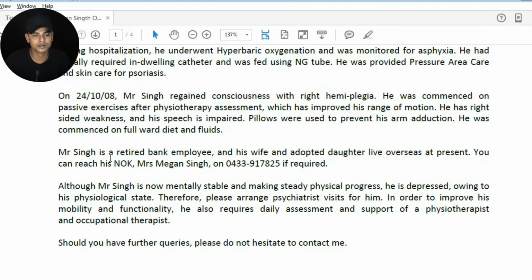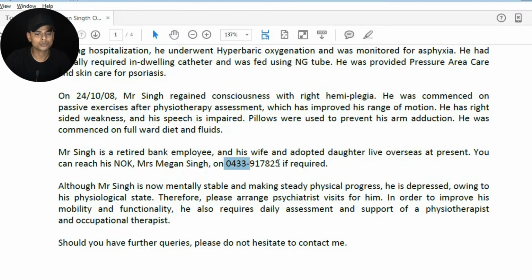Mr. Singh is a retired bank employee. We are not mentioning the name of the bank and details, that's not required. His wife and adopted daughter live overseas at present, because that means they cannot be helpful at the moment. But you can reach his NOK, next of kin, Mrs. Megan Singh, and the phone number is given if required.